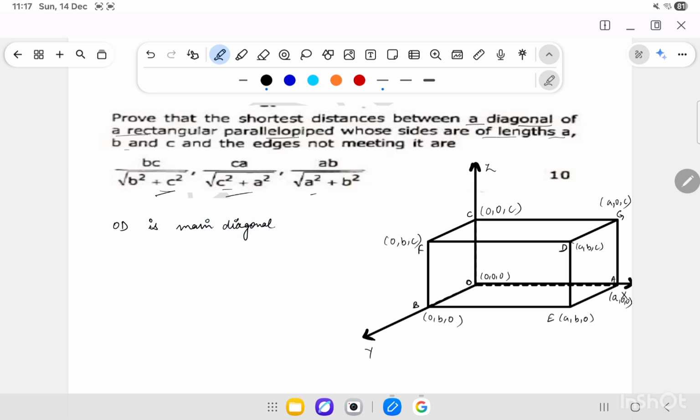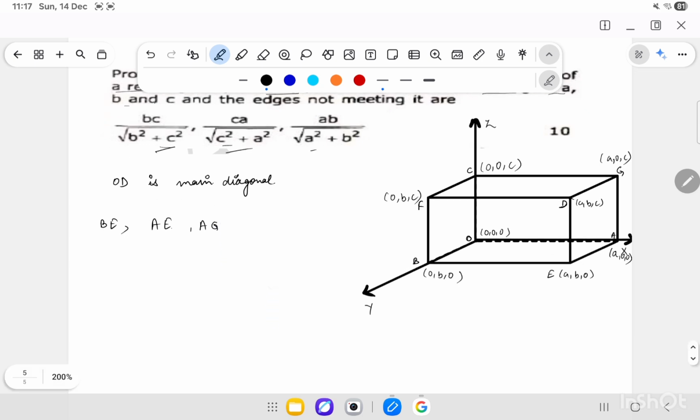Now any side that is not touching the diagonal OD can be either BE, AE, or AG. So these are the only sides that are not touching diagonal OD. There are other sides as well, like CF, but CF is basically parallel to AE only. So these are the three lines that are basically not touching the main diagonal.